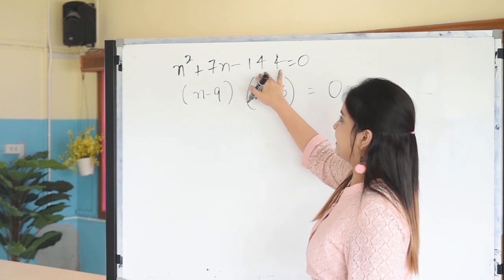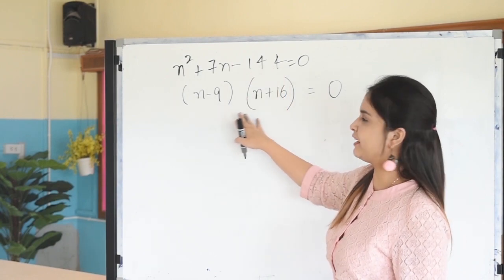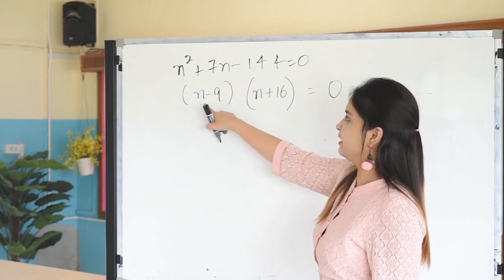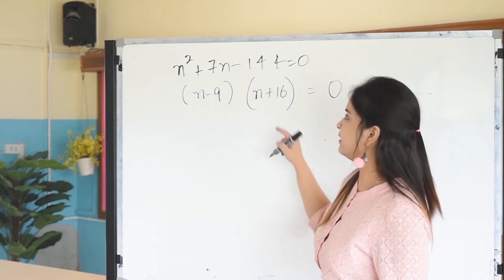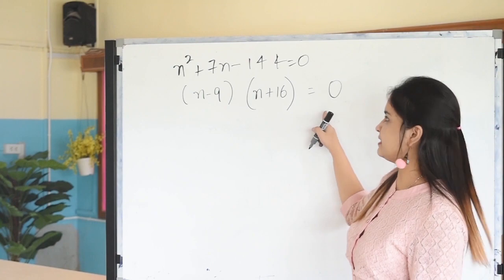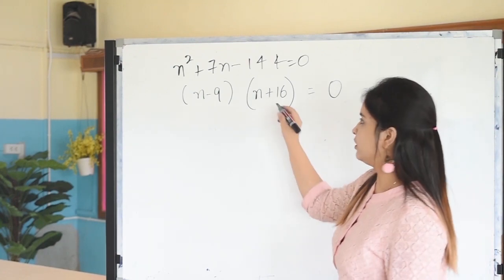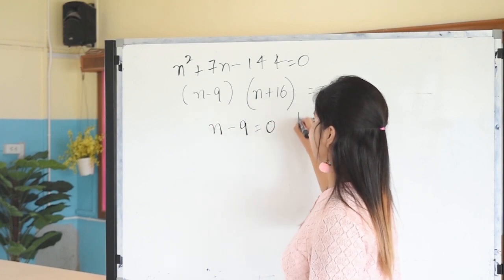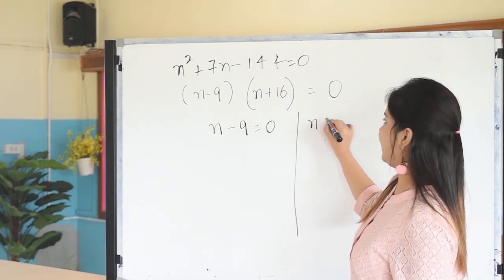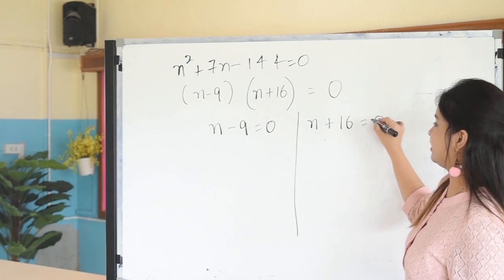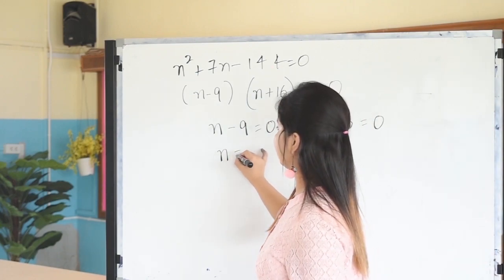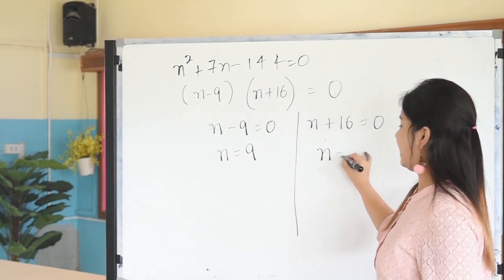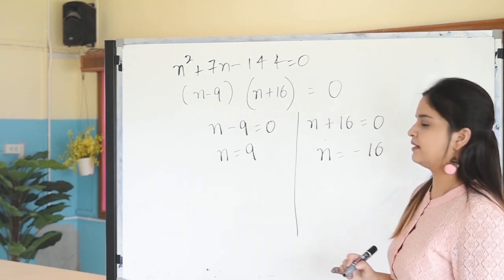I can simplify this by finding the factors. When I find the factors of this equation, I get (n minus 9)(n plus 16) equal to 0. Now solve for n. Either n minus 9 is equal to 0 or n plus 16 is equal to 0. In this case, I get n equal to 9 and n equal to minus 16.